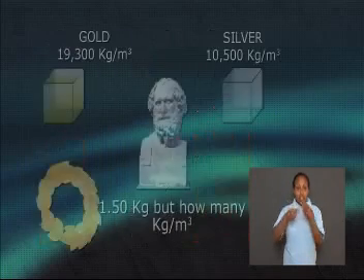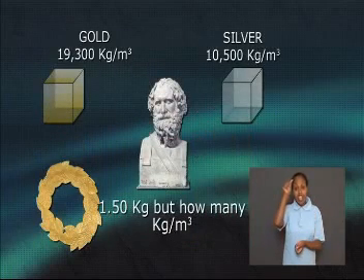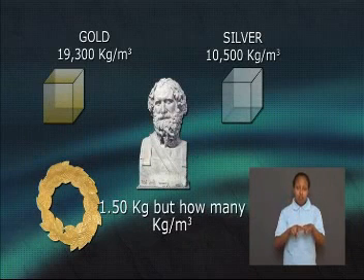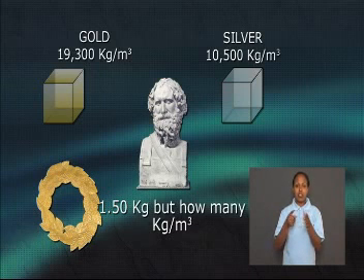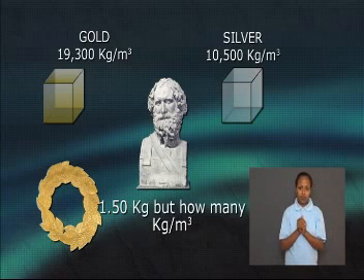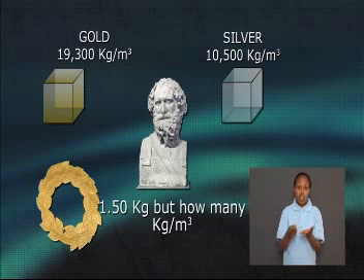Therefore, when Archimedes put an amount of gold equal to the weight of the king's crown in a bowl of water, it displaced less water than the king's crown, proving that the crown was mixed with silver.